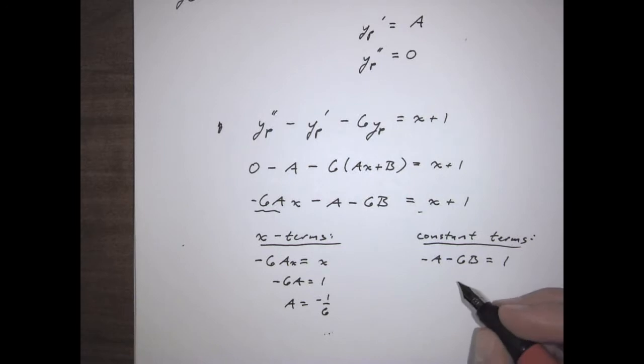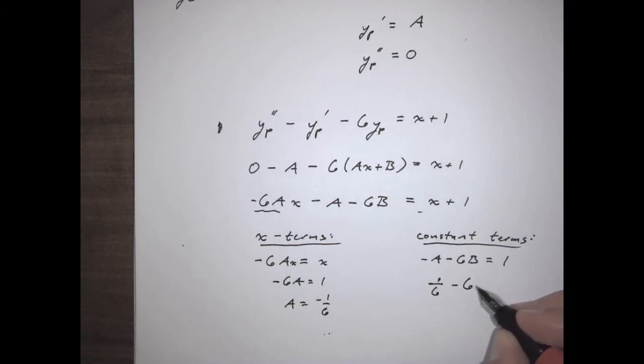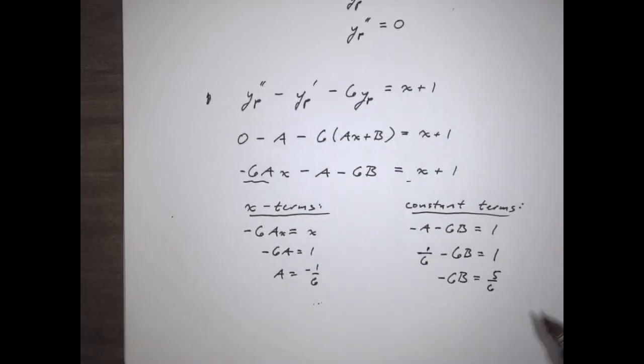But in this case, if a is known to us to be negative 1/6, then that means negative a would be positive 1/6, minus 6b, equals 1. So negative 6b is equal to 5/6. And so b is equal to negative 5/36.